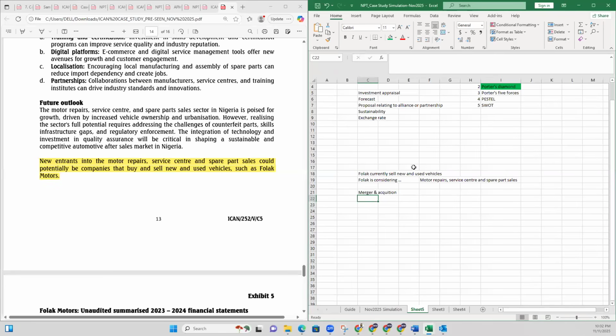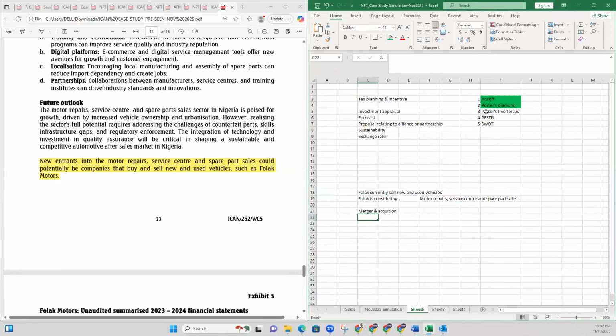Because Ansoff as a model also fits into this now. So it's possible that you're even linking and discussing Ansoff with something like this. Merger and acquisition is completely outside Ansoff, right? So merger and acquisition might be very, very slim. There has not been much signal on M&A as far as this case is concerned.